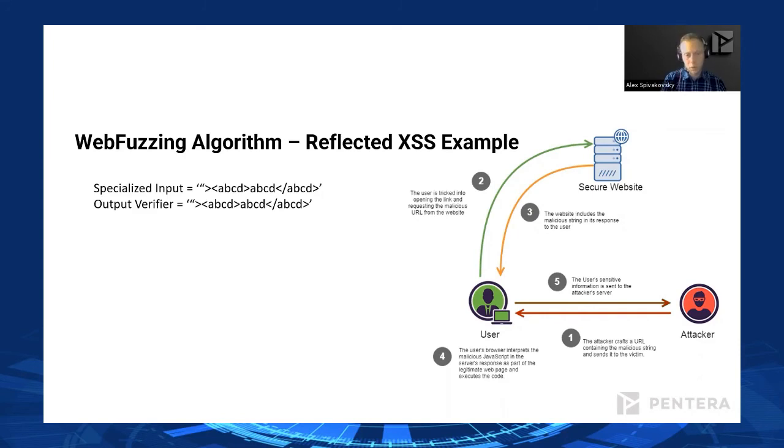So the specialized input will be closing brackets, opening new brackets with some gibberish, and then closing brackets that will also contain gibberish. And by the name of the attack, reflected, if we send the specialized input in one of the parameters, and we get in return from the website the same text that we sent in our request, this means that the website reflects the data that we send to it.